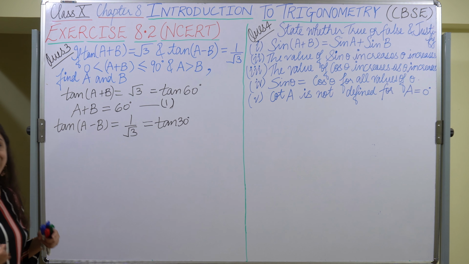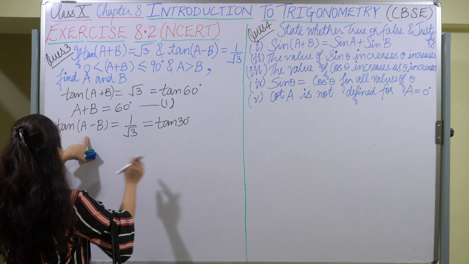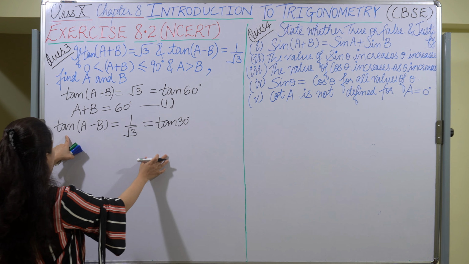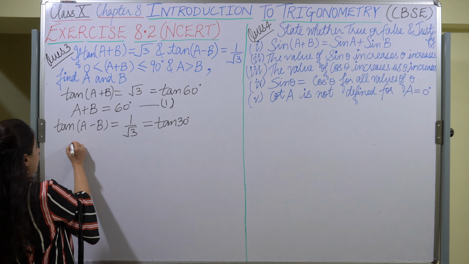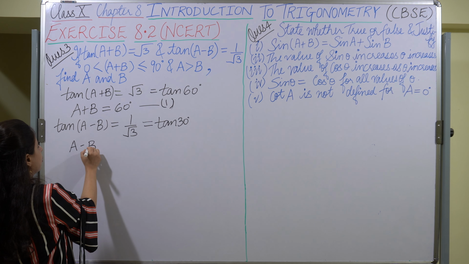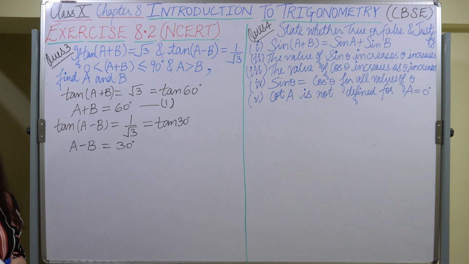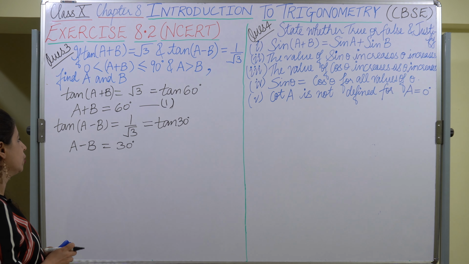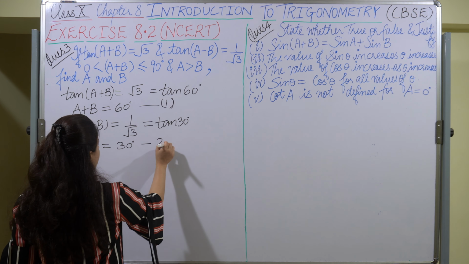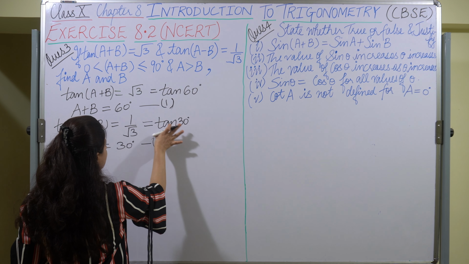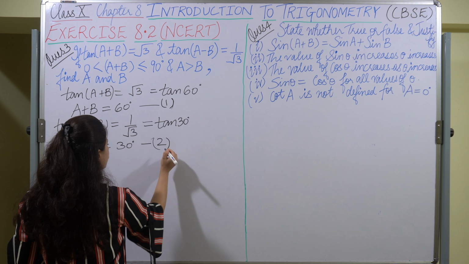So comparing, tan(A - B) is equal to tan 30, so we can clearly say that A - B is equal to 30 degrees. Let us mark this as the second equation.